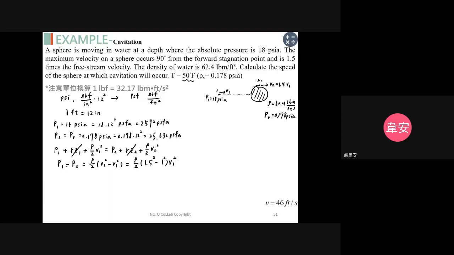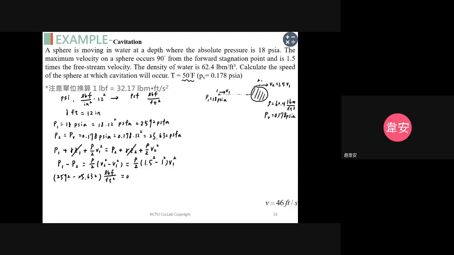So for P1 in here, we have 2592 minus 25.632, and the unit is psf, which is pound force divided by ft squared, is equal to 1/2 rho.